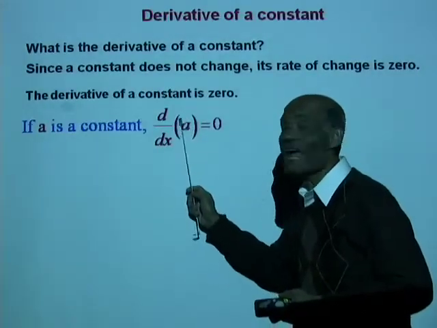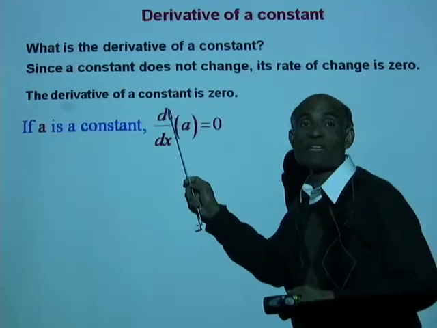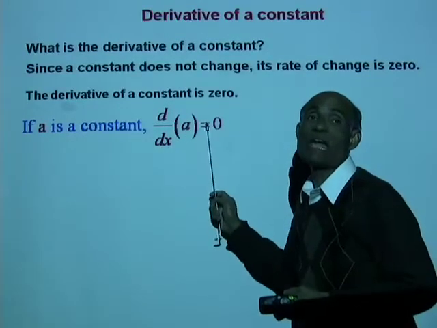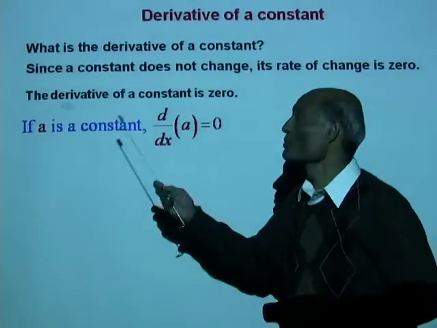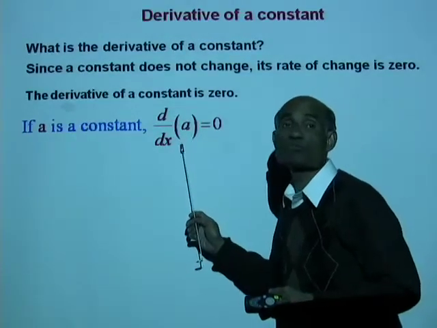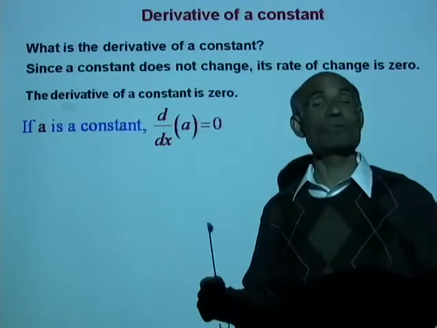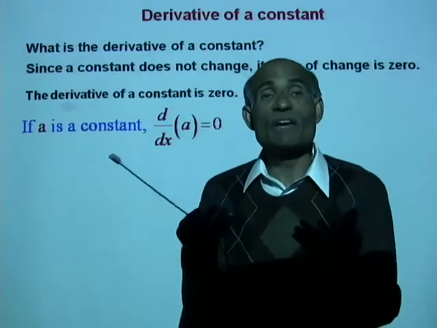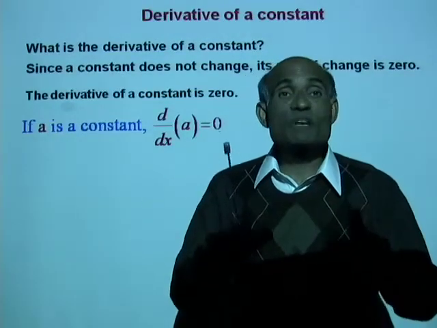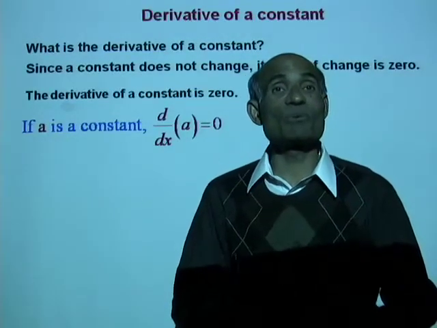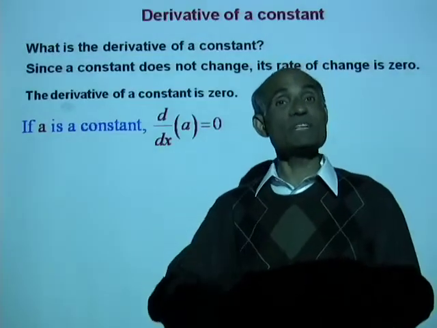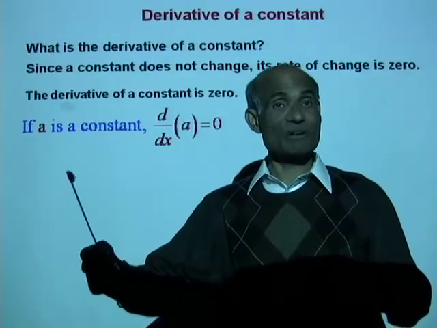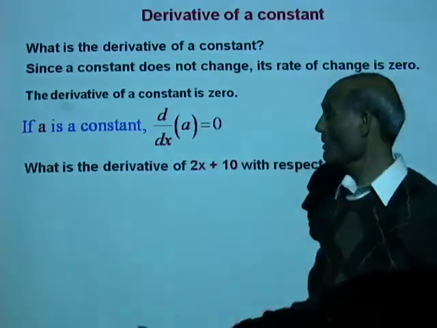So we say if a is a constant, then d by dx of a equal to 0. In fact, the derivative of a constant with respect to any independent variable is 0. d by dt of a equal to 0. Is that right? All right.